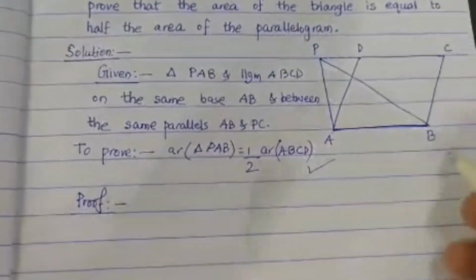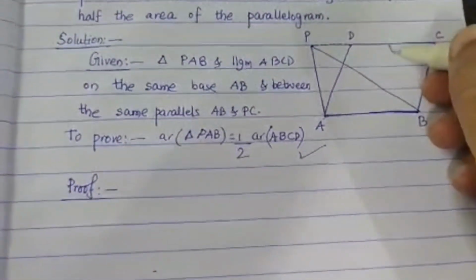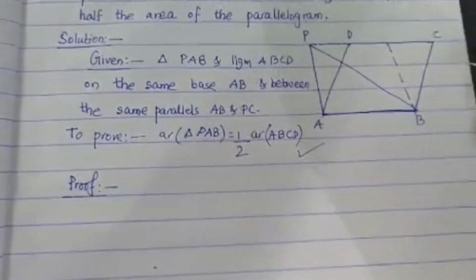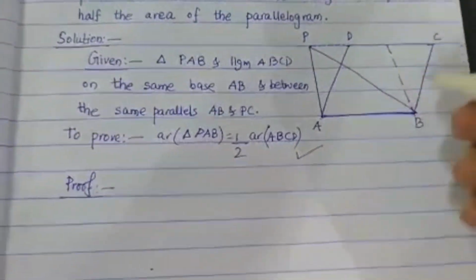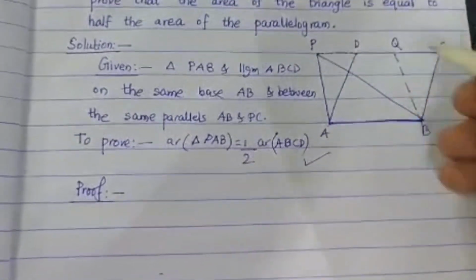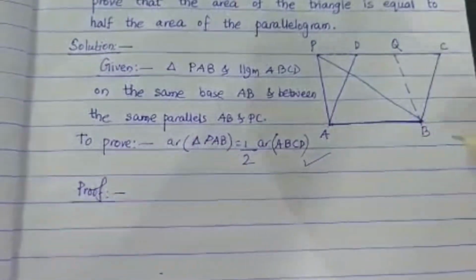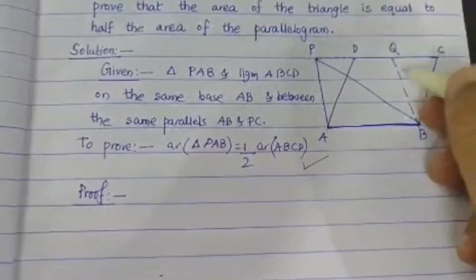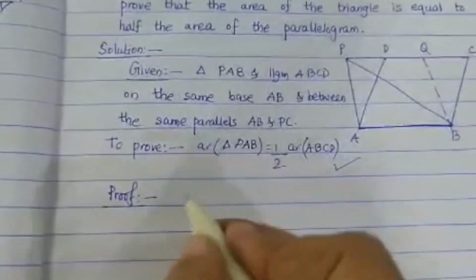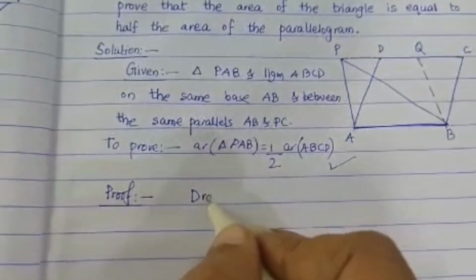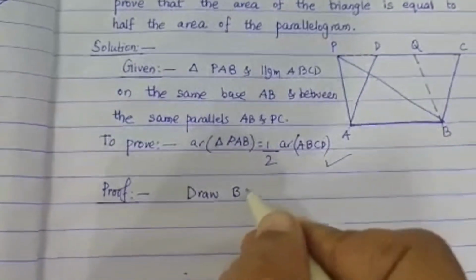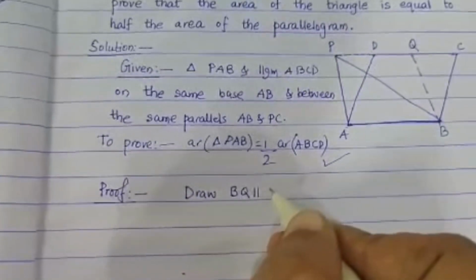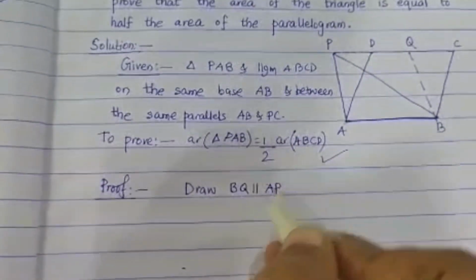First of all, we will do one construction like this. Okay. Since this is P, we will write it Q. So we will draw BQ parallel to PA. Construction is: draw BQ parallel to AP.